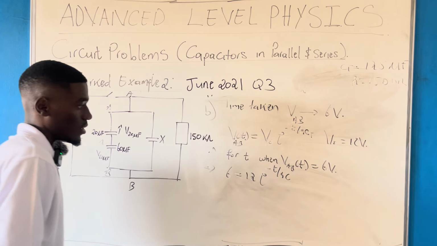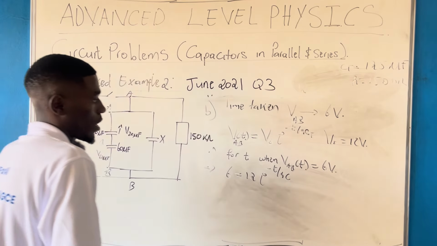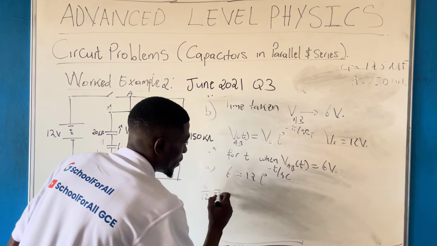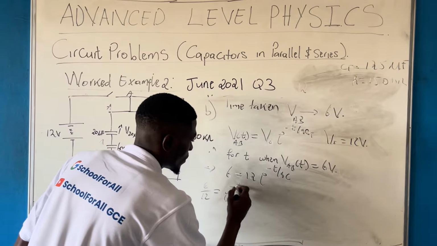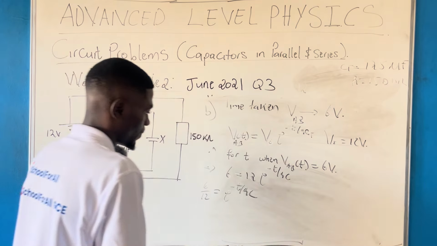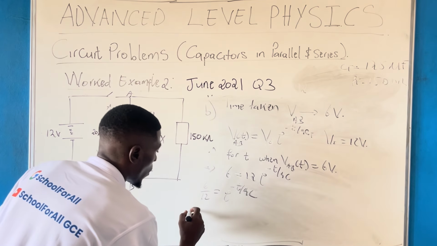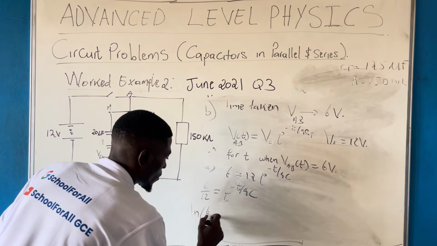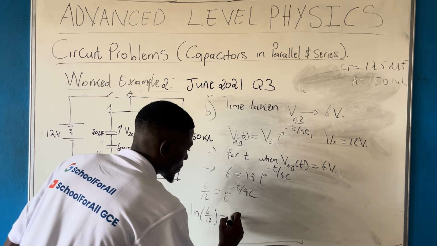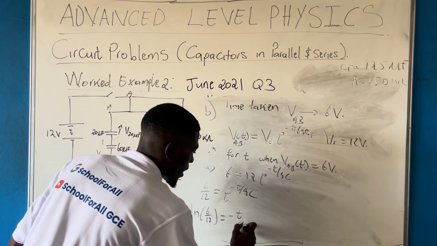Here it is simple, it's just difficult. I should make T the subject. I will bring this one here. I will have 6 over 12 equals e to the negative T over RC. Then to remove this e, I will apply ln on both sides. 6 over 12 becomes, when I apply ln, the e goes, I will stay with negative T over RC.